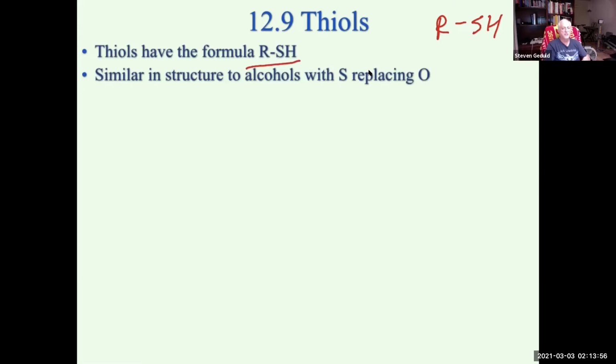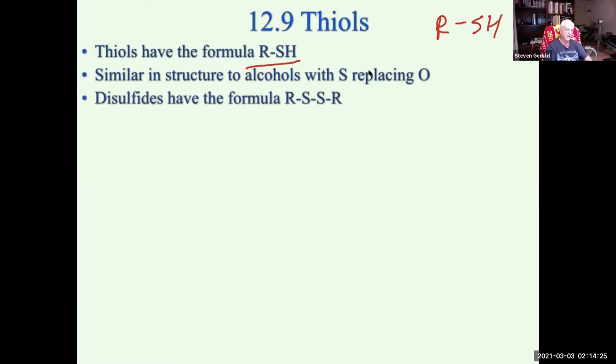They're similar in structure to alcohols, with the S replacing the oxygen. And if you look on the periodic table, everybody remembers the periodic table, right? The big funny thing with all the elements on it. Directly below oxygen is sulfur, which means it's in the same family, which means it has the same chemical properties, the same number of valence electrons, same chemical reactivity. So it reacts the same as oxygen.